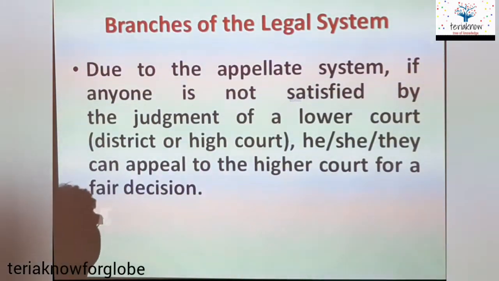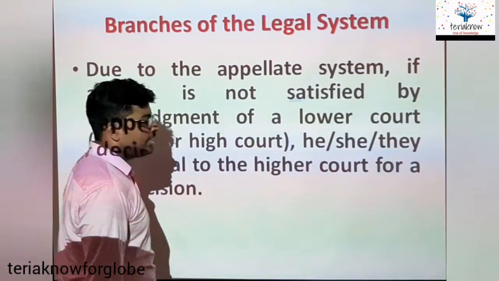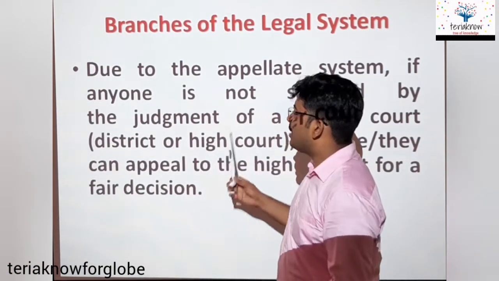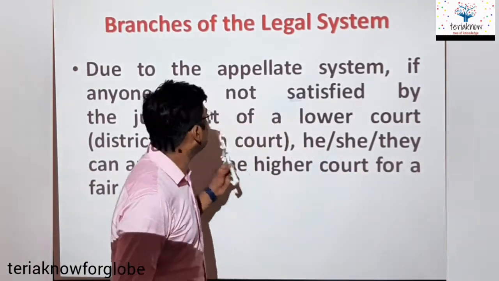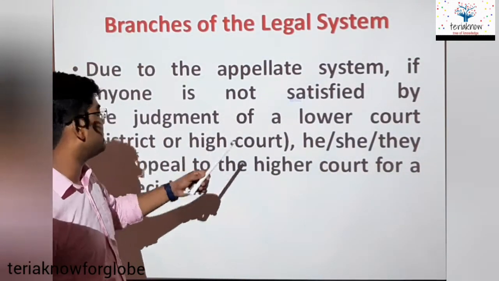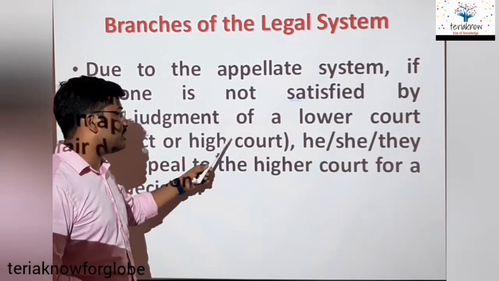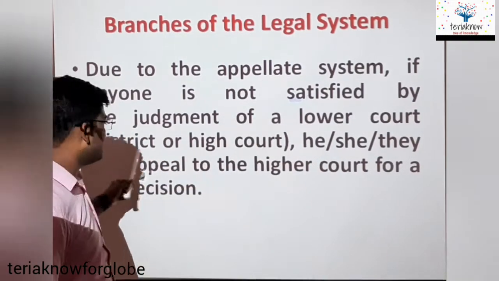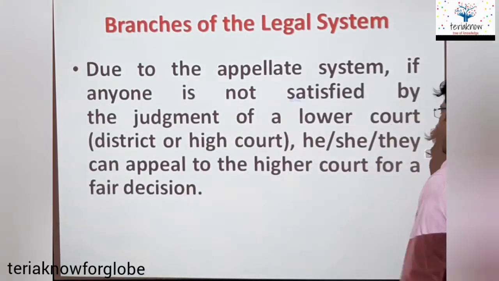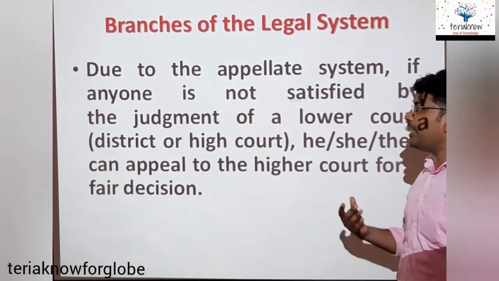Then we are having the branches of the legal system. वो जो लीगल सिस्टम उसके ब्रांच क्या है वो आपको पढ़ना है। Due to the appellate system, if anyone is not satisfied by the judgment of lower court, okay, district or high court, they can approach the higher courts for the fair decision.